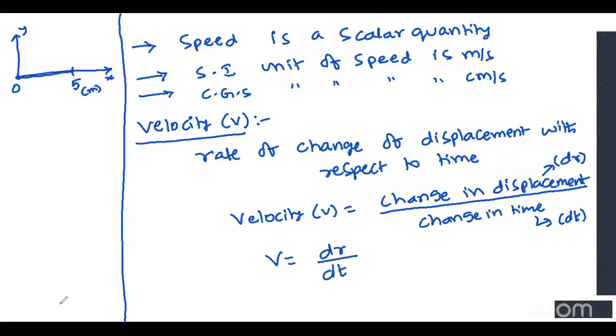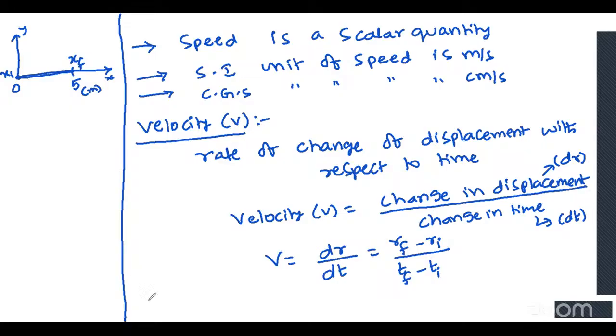Five only. This is the final position and this is the initial position. That means final position minus initial position, divided by final time minus initial time.